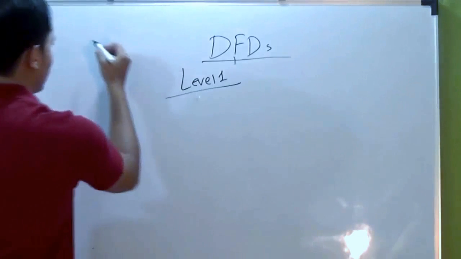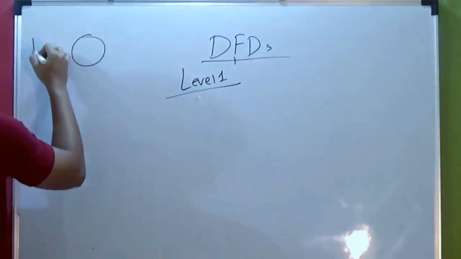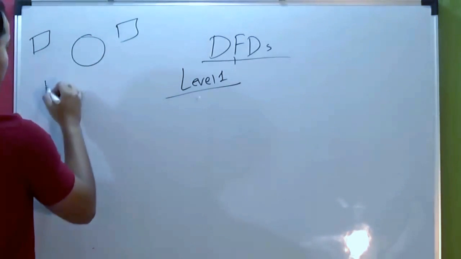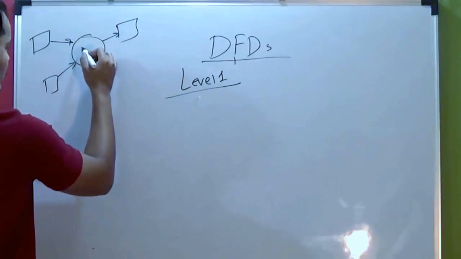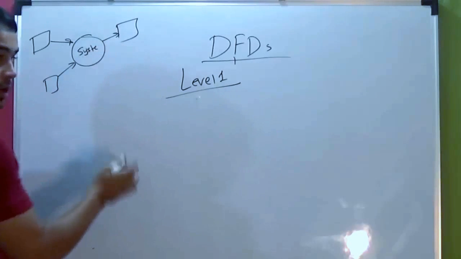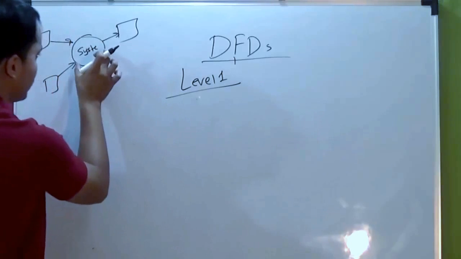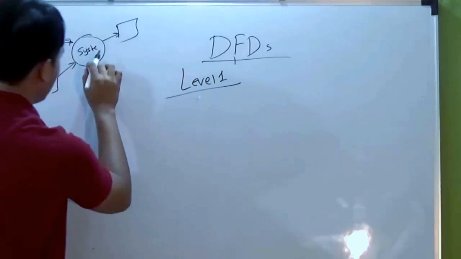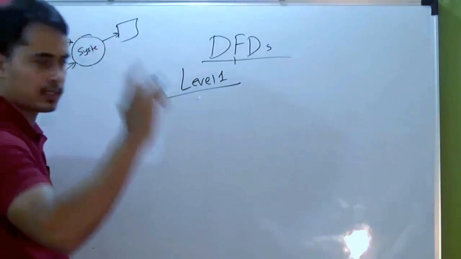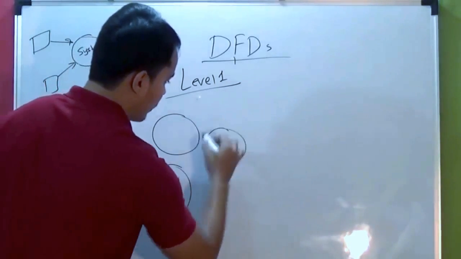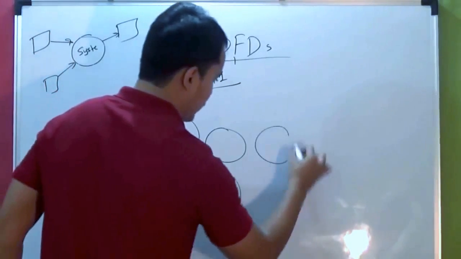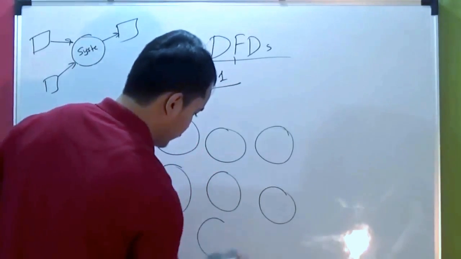That is, if this was your context level diagram, let's say 3 external entities and 1 system, then your level 1 diagram is this: you decompose. So you consider this as one system. Now you show all the main use cases or sub processes involved in your system, right?